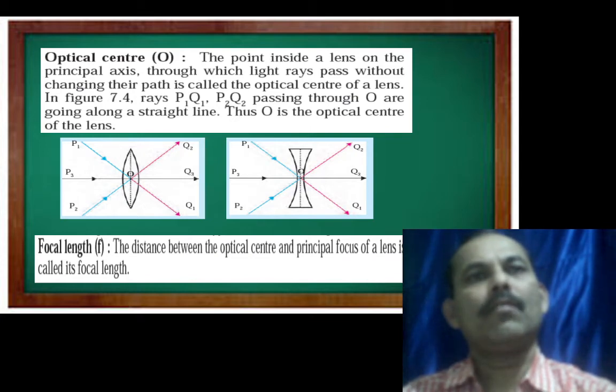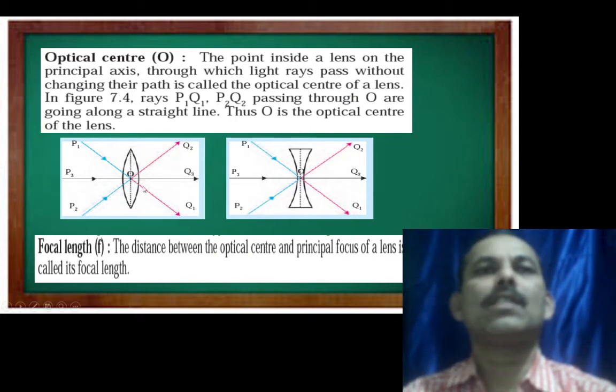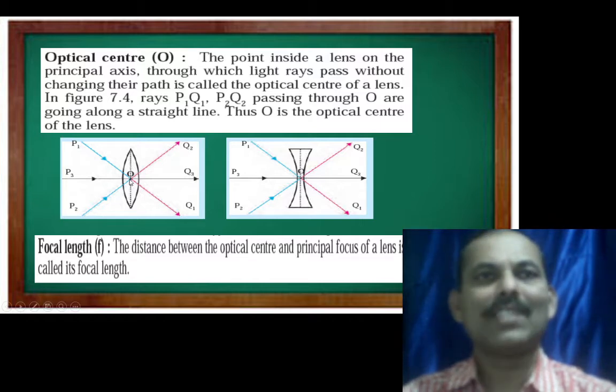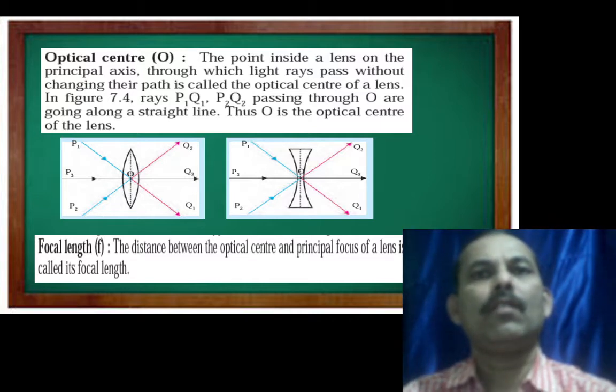You will see afterward what the principal focus is. The principal focus is here for this lens, and for this concave lens it is here. The distance between the optical center and principal focus of a lens is called its focal length.